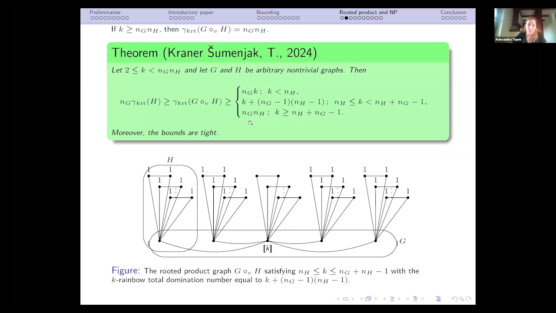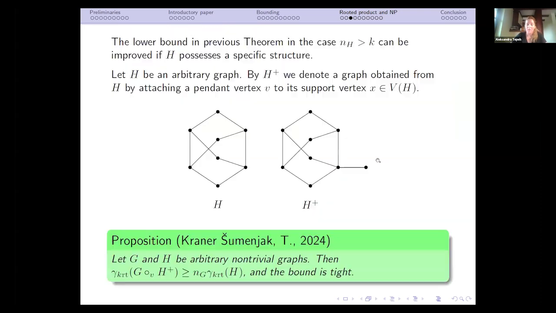Well, what I would like to mention here also is that in the case when H has a special structure, we were able to improve this bound, in the case when k is less than the cardinality of H. What do I mean by specific structure? If I have H, and if I attach a pendant vertex to this graph, I will denote this with H plus.